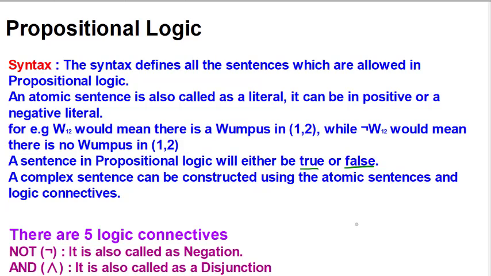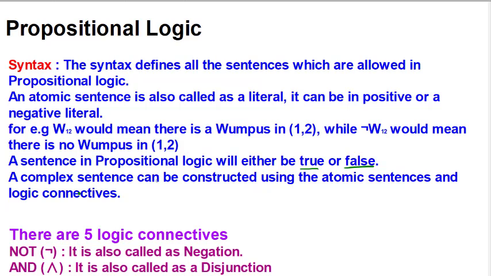Like for example, we can say a propositional sentence like John is an honest person. It can be true or it can be false. But if somebody asks, what is the time now? It can't be true, it can't be false. It has to be something. So that is not a propositional sentence. We'll see it afterwards also.